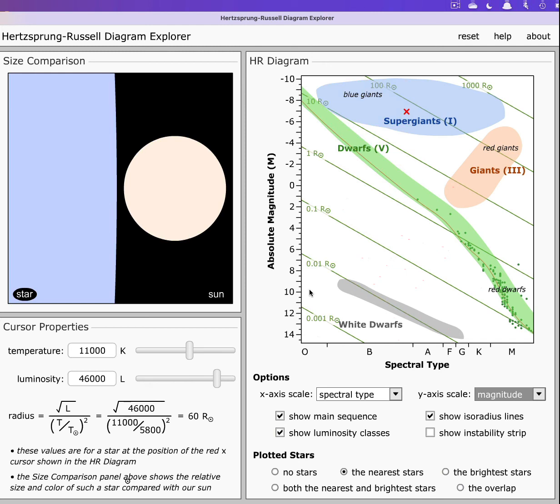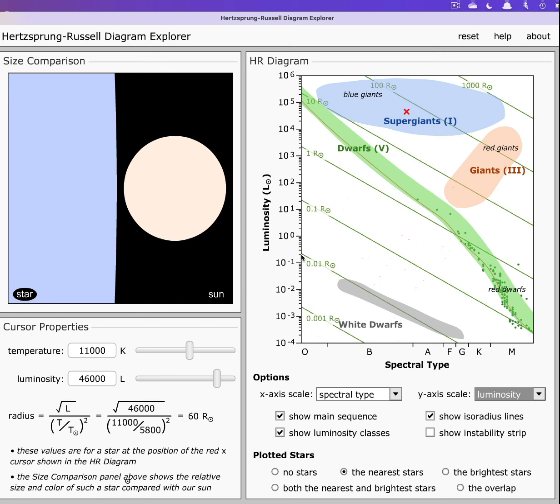By having luminosity on the y-axis, you could also put absolute magnitude, and notice that the plot didn't change at all when I changed the scale, just a little bit. Again, magnitude is already logarithmic in nature, whereas for luminosity, the tick marks on the y-axis get closer and closer together.